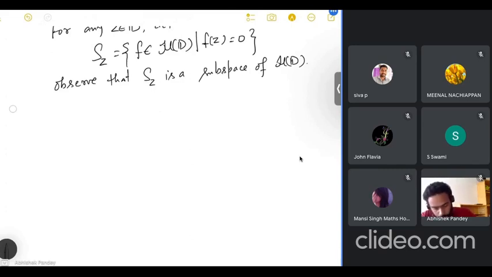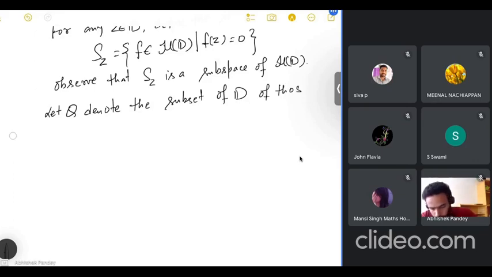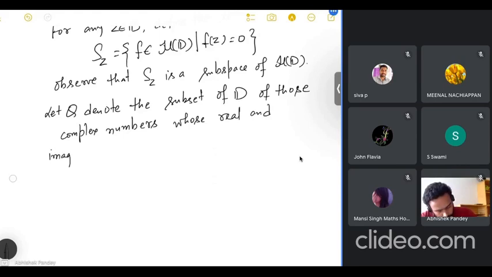Clear? So let Q denote the subset of D of those complex numbers whose real and imaginary parts are rational numbers.